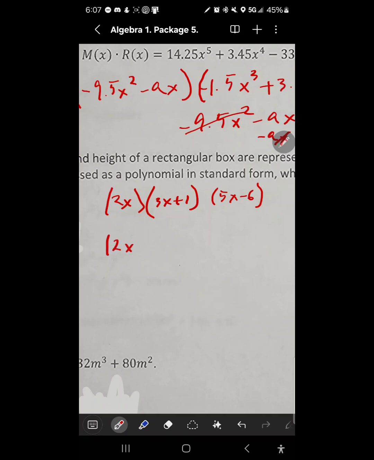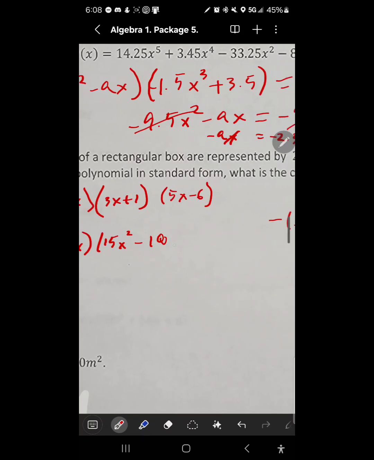So I keep the 2x. I will say 3x. 3 times 5, 15. x times x, x squared. 3 times 6, 18. Positive and negative, negative, and then x times nothing, just x. Then 1 times 5, 5.